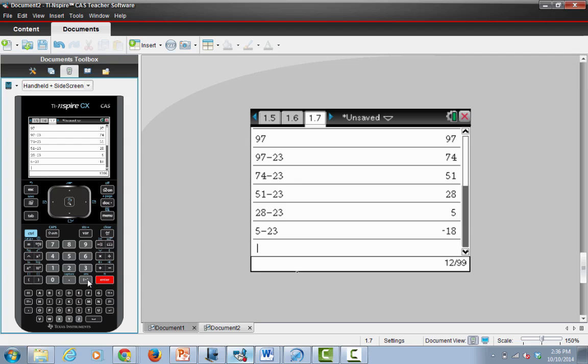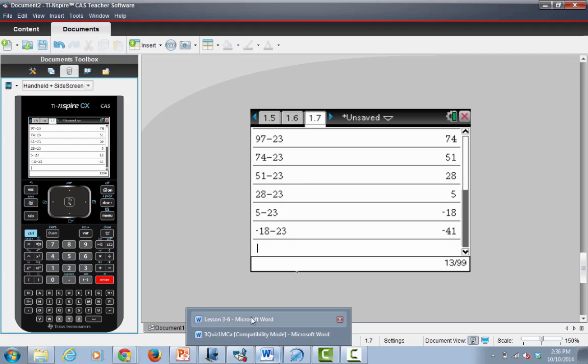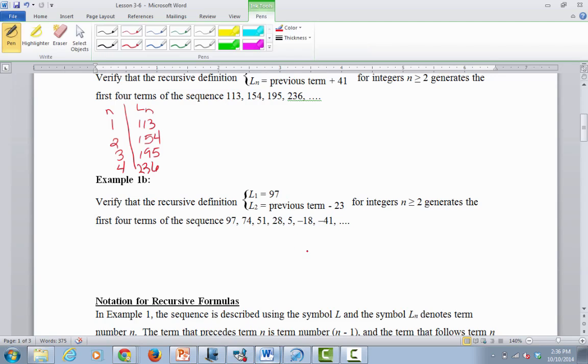Negative 18, check. Negative 41, check. So, going back to our sheet here, it does indeed work. Okay, so this is verified. We verified it. So, big old check. Okay. So you're just minusing 23. You're subtracting 23 from the last term every time.